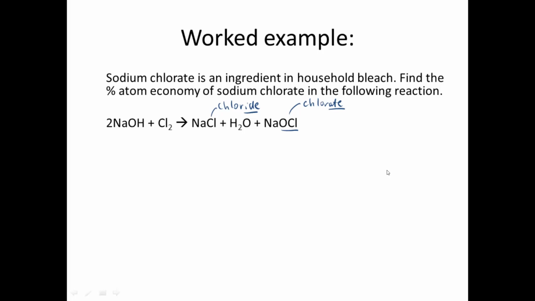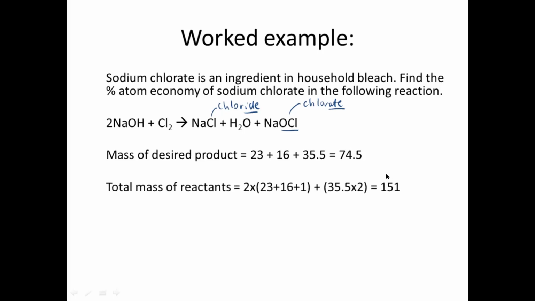Right, let's go through the answers. So the mass of the desired product: sodium is 23, oxygen is 16, chlorine is 35.5, so you get 74.5 grams, if we assume molar quantities. Then the total mass of reactants. I used the reactants because it's shorter.